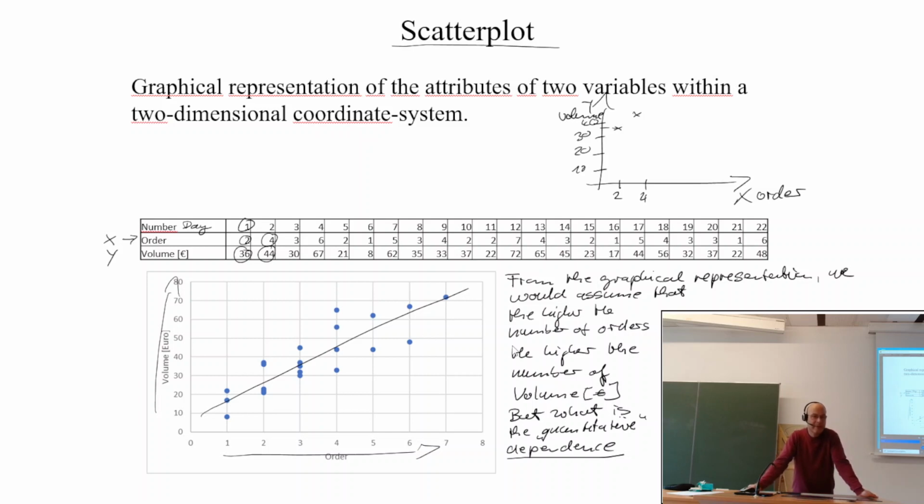Well, in order to answer this, there is, of course, no right answer. We cannot say we also see the data is somehow fluctuating. We cannot say this is the right dependence, but we can think of what would be a good choice in order to obtain from a data set a quantitative dependence between these two variables.